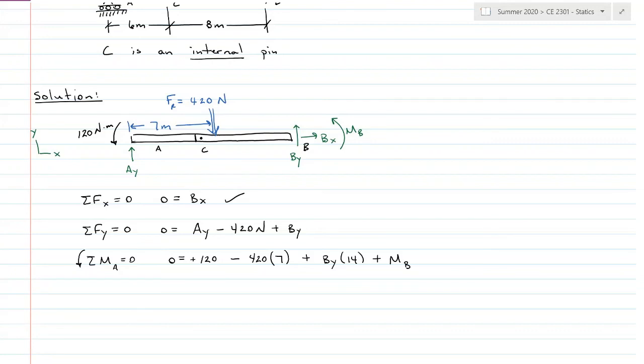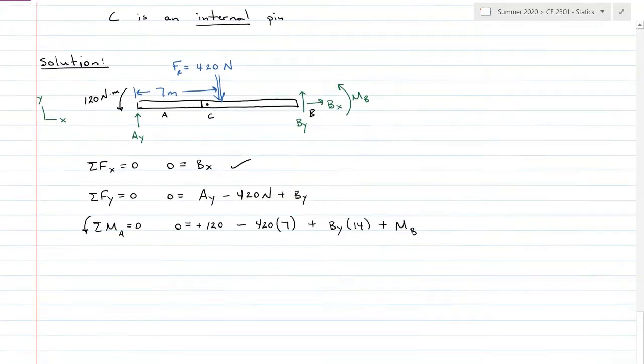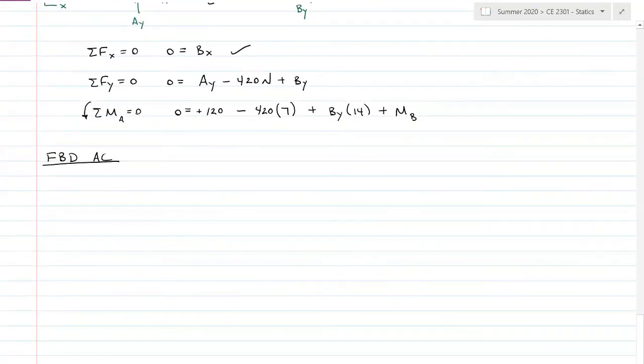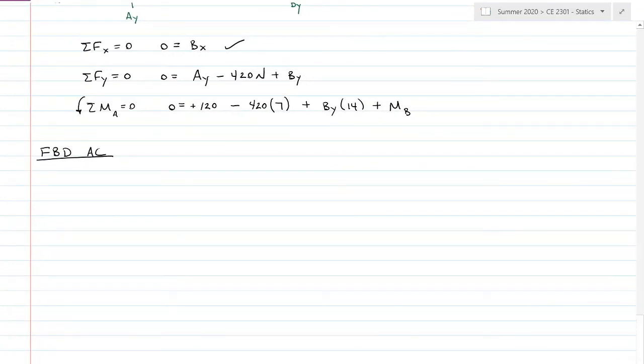What next? Well, I can actually take this system apart at C, free body diagram AC, because C is a pin. So if I take it apart at C, then I'm going to have a vertical and horizontal reaction at C, just like I would for an external pin.